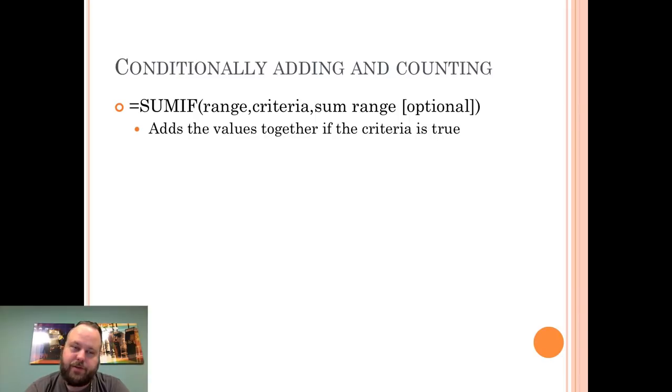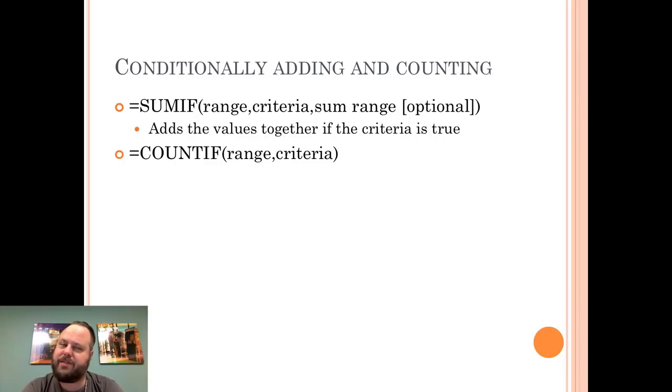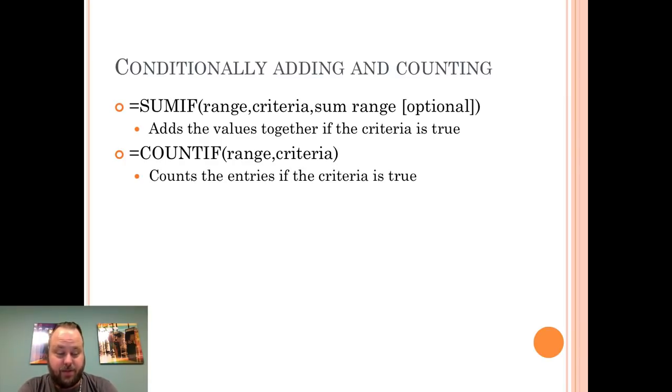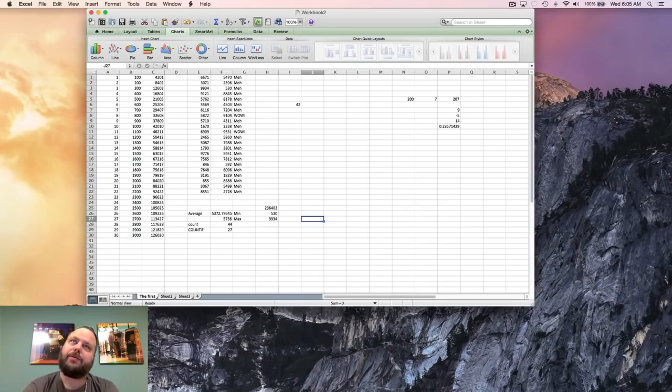And of course we have the count if, same thing, so we'll count if the criteria is met. So let's go ahead and take a look at that. Sum if first. All right, so let's go here real quick.